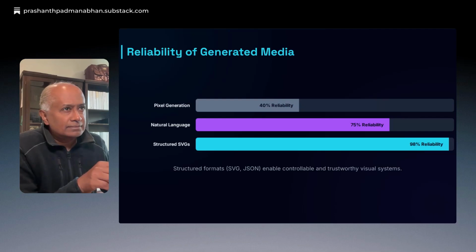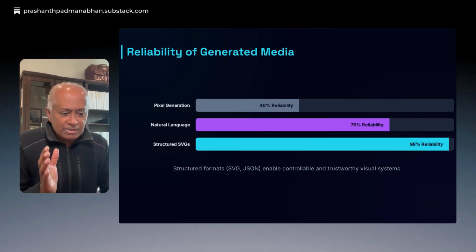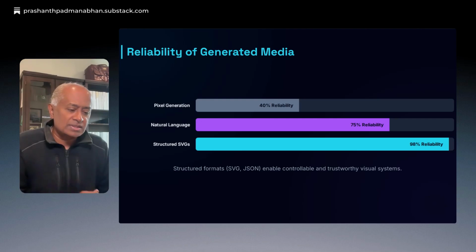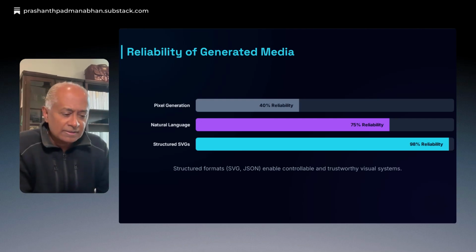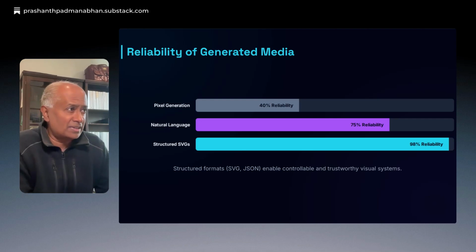Until recently, the reliability of generated media, that is pixel generation, that means bitmapped images or raster images, which is photographs generally, the reliability of producing a picture in a repeatable manner is very, very low.